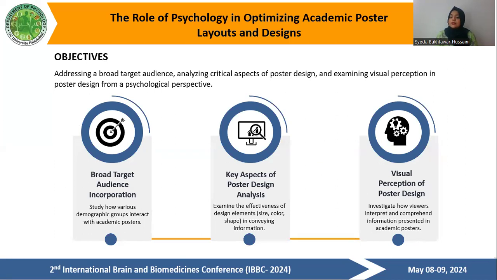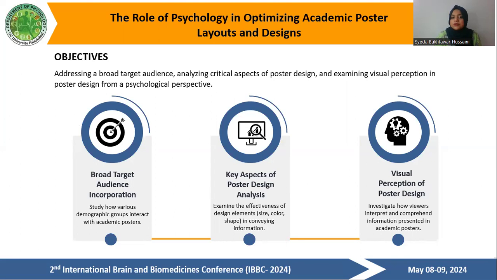In this, we examine the effectiveness of different design elements such as size, color, and shape, which we addressed in our problem as lacking a proper flow in the poster. We have to examine these elements in a way that they convey the information appropriately. The third is visual perception of the poster design. It investigates how viewers interpret and comprehend information presented in academic posters.